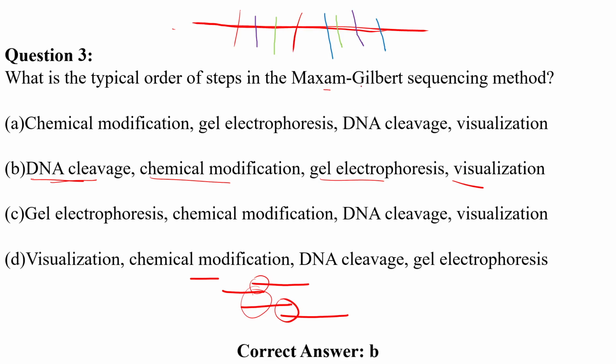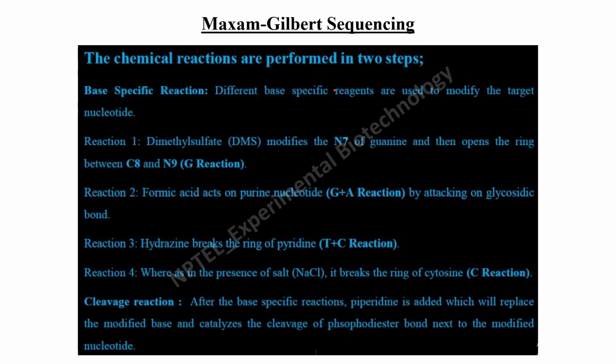Then comes the gel electrophoresis. Once you have done the modification and cleaved at the modified sites, you will get small fragments, and then you can separate those fragments on the gel electrophoresis. Just as we read the sequence from a gel run after Sanger sequencing, similarly we can analyze the gel of a Maxam-Gilbert sequencing.